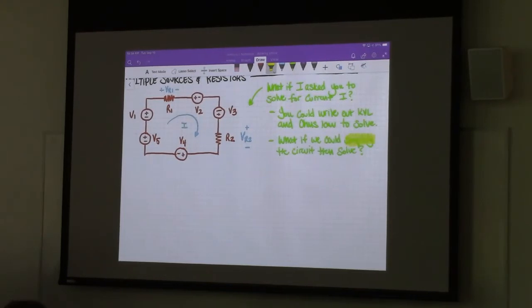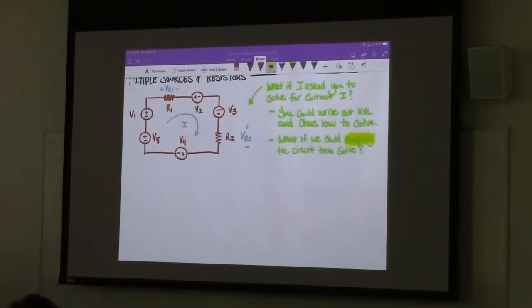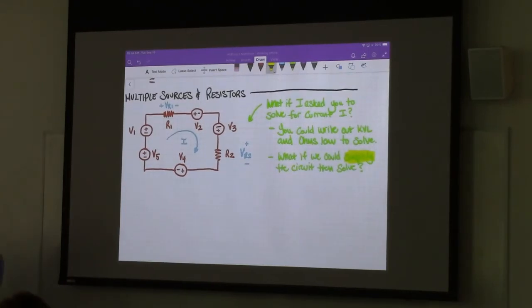So what if we could simplify the circuit and then solve it? So what we're going to do is we're going to solve this the old-fashioned way, and then we're going to show that there was a simpler way or a simplified way that we could have solved it from the beginning.